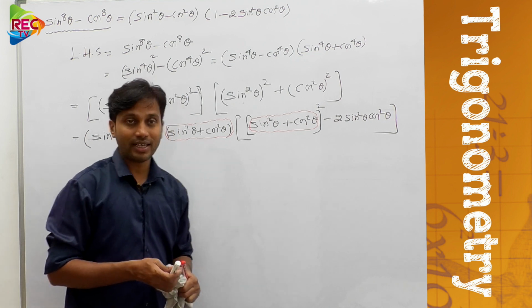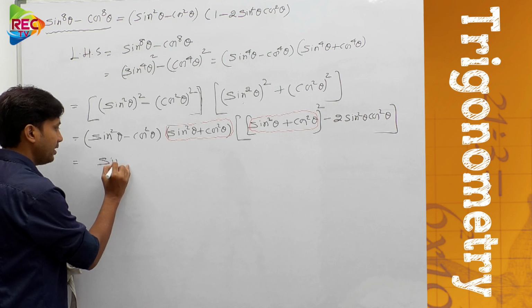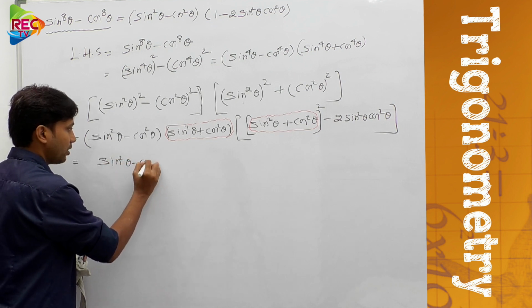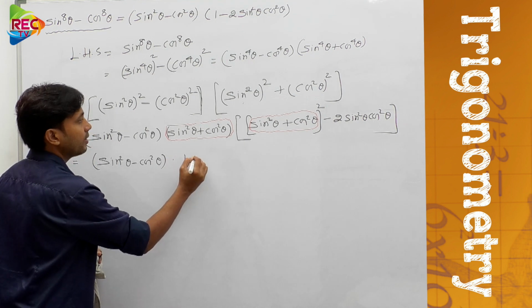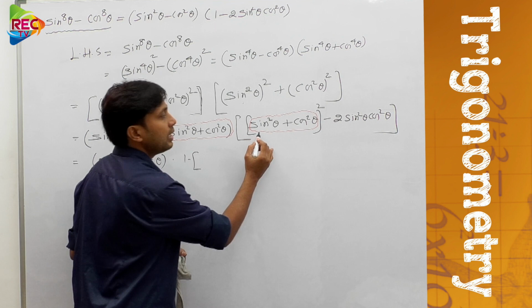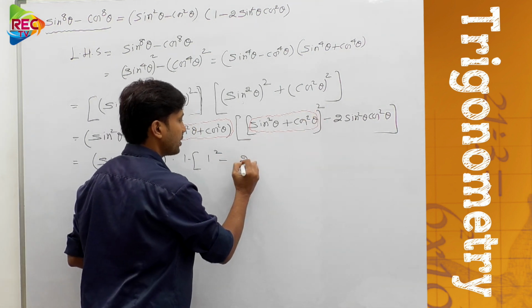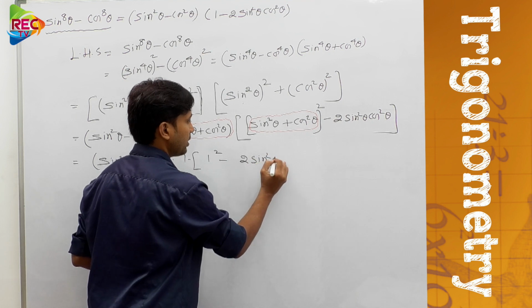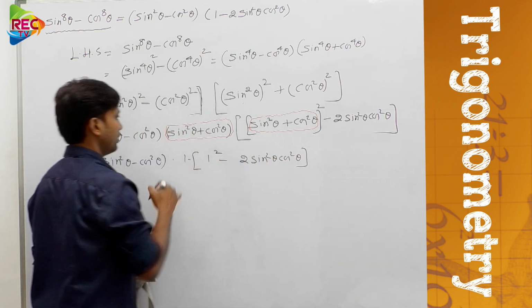So we can put the 1 in place of sin square theta plus cos square theta from the identities of trigonometry, right? So here we can write this as (sin square theta minus cos square theta) into 1 into, see here, (sin square theta plus cos square theta) whole square, that means 1 square, minus 2 sin square theta cos square theta, right?